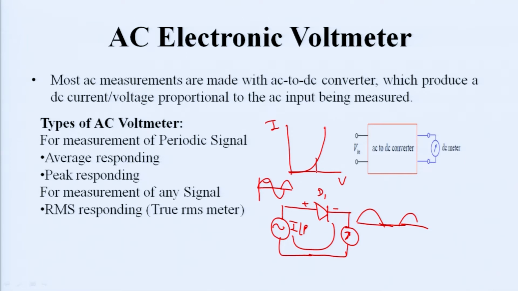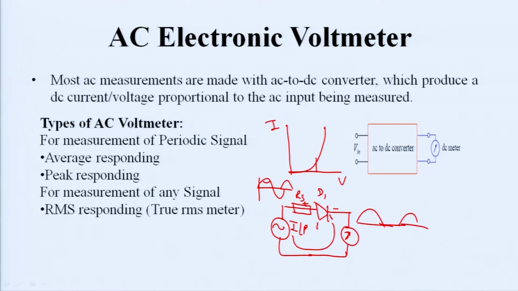For removing this non-linearity, because the forward resistance of the diode is very low, we have to place a series resistance whose value is very high, so that the resistance of the diode can be neglected. So, we place a resistance over here, say Rs, and the diode resistance is say Rf.